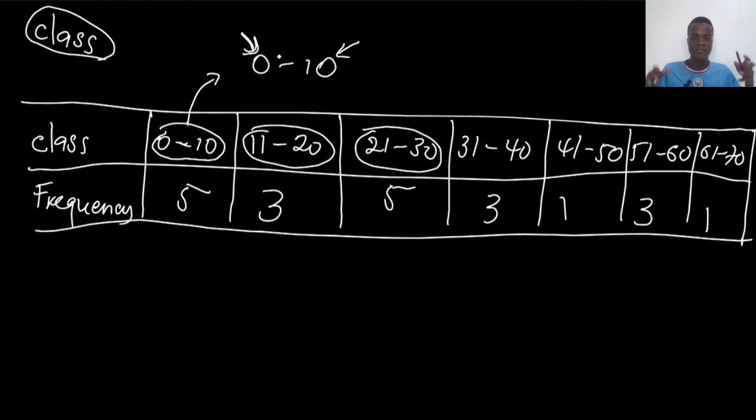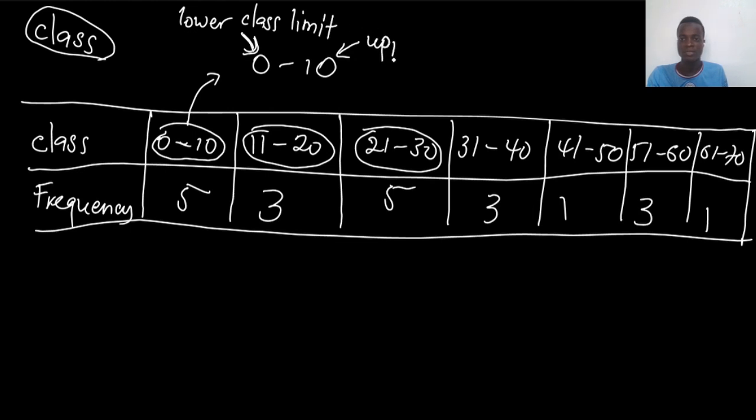So we have the beginning limit and the ending limit for each of them. Because it belongs to a class, it is called the class limit. Each of the ends is called a class limit. The first one we call the lower class limit, and this one is the upper class limit.